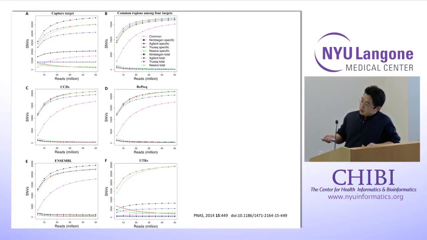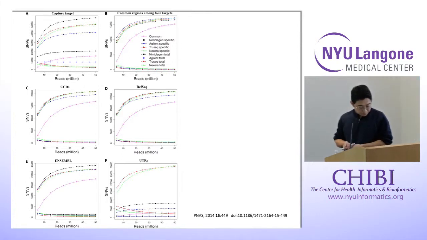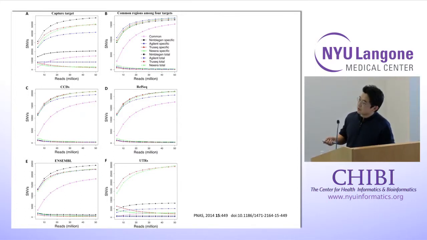How many regions you will see in the UTR depends on the platform. But we do get regions covered by the reads, so we can call the mutations in the UTR region.